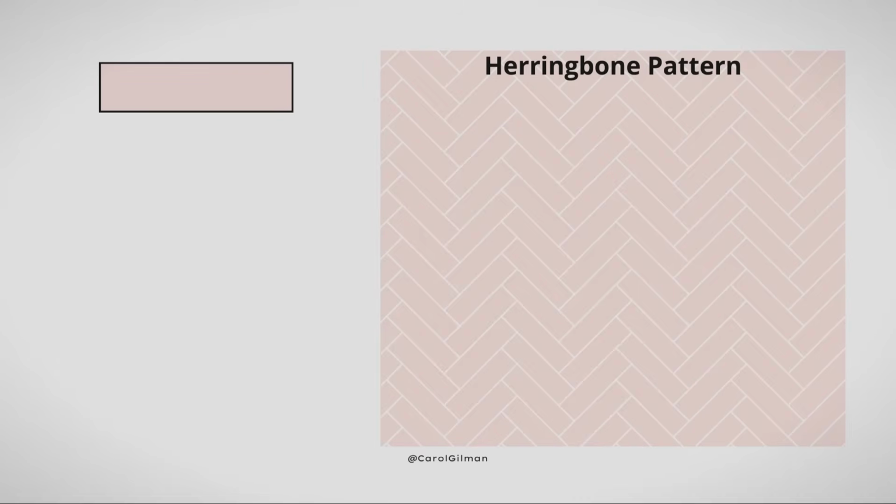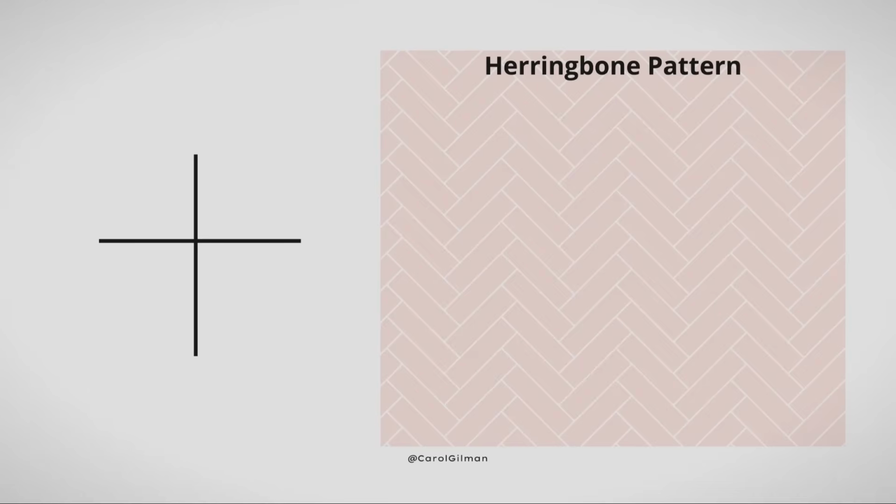When someone is installing, say, a herringbone floor or even a herringbone style of pattern of tile on a wall, lots of times they will need to start with a central axis line to get everything lined up. To create this pattern, you start with a rectangular piece and place it at a 45-degree angle on that central axis line.